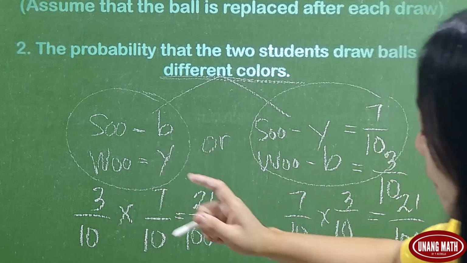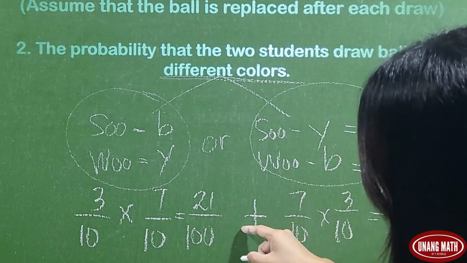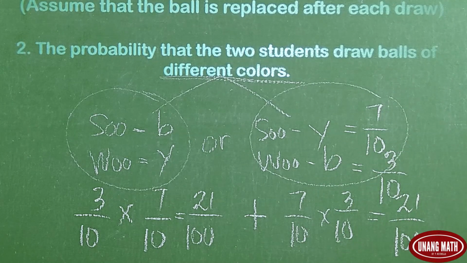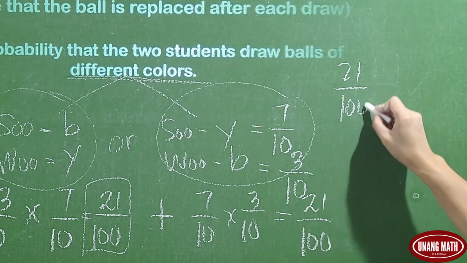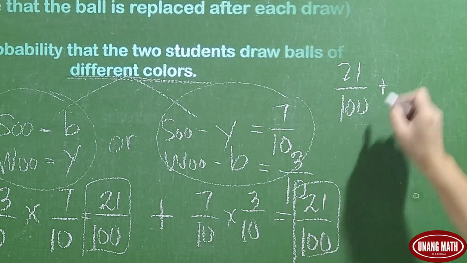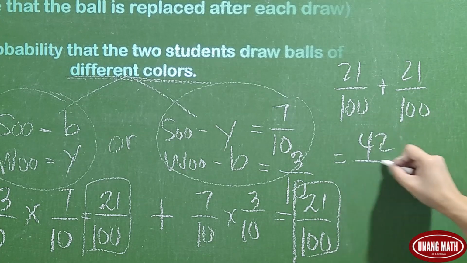So, to find the probability, it means this probability plus this probability. So, we have here 21 over 100 plus 21 over 100. And this is equal to 42 over 100.